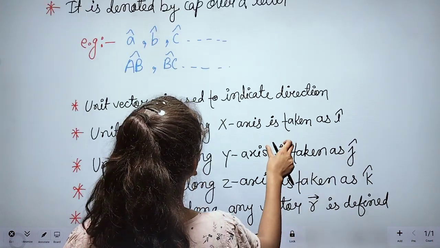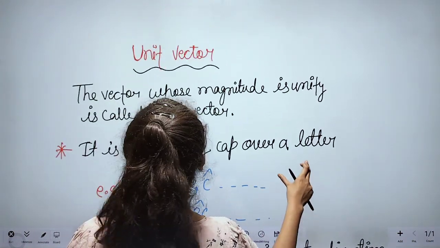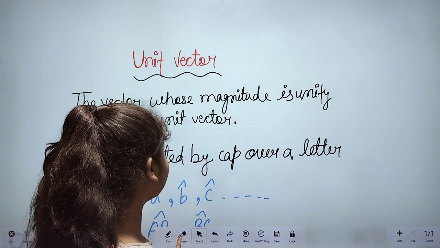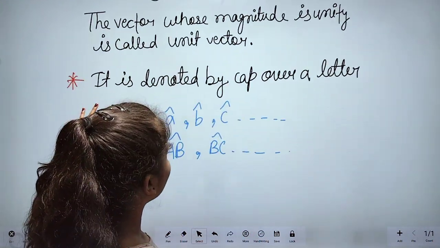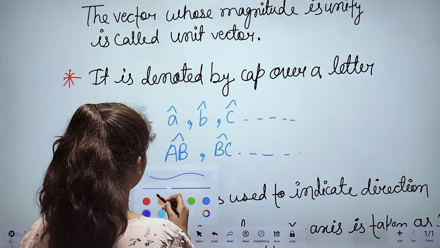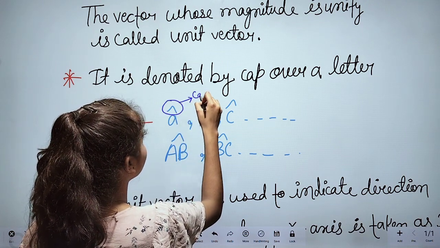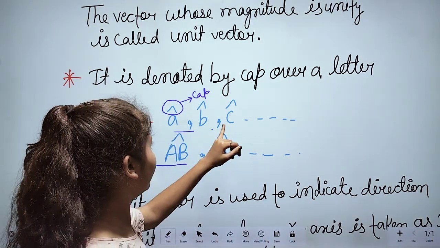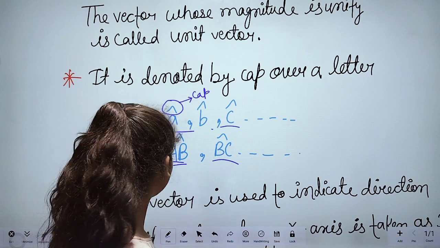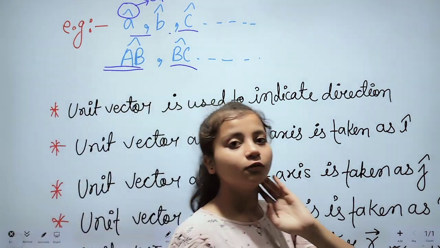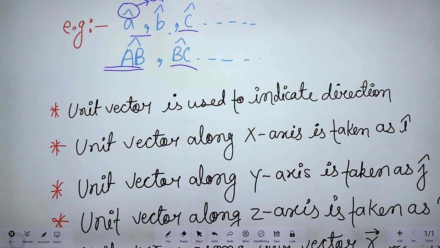I hope you understand what a unit vector is. A vector whose magnitude is unity, meaning 1, is called a unit vector, and it is denoted as a cap over a letter, like a cap, b cap, c cap, ab cap, bc cap. Next, a unit vector is used to indicate direction.